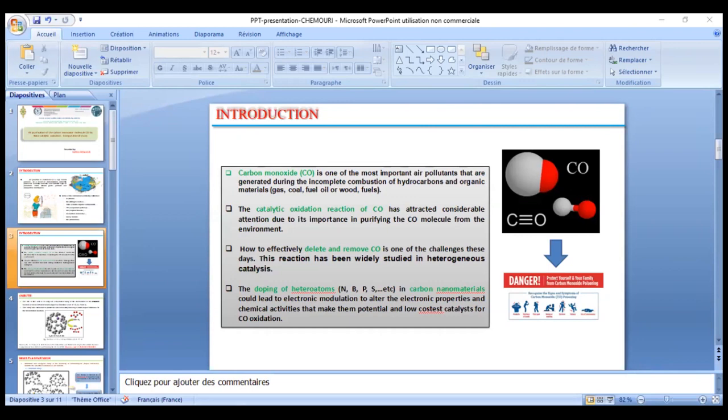Another study is the study of the adsorption of the O2 and CO adsorbates on the nanocatalysts. The first calculation is of the adsorption energies, the difference in electrophilicities, and the energy gaps.